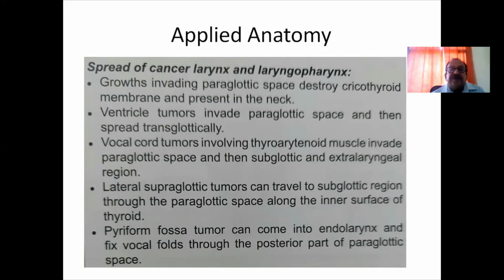Vocal cord tumors involving thyroarytenoid muscle invade paraglottic space and then subglottic and extralaryngeal region. Laryngeal supraglottic tumors can travel to subglottic region through the paraglottic space. Piriform fossa tumors can come into endolarynx and fix vocal cord by invading the posterior part of paraglottic space.